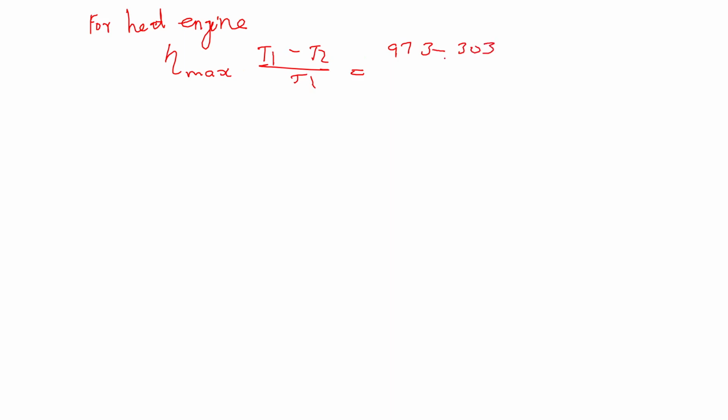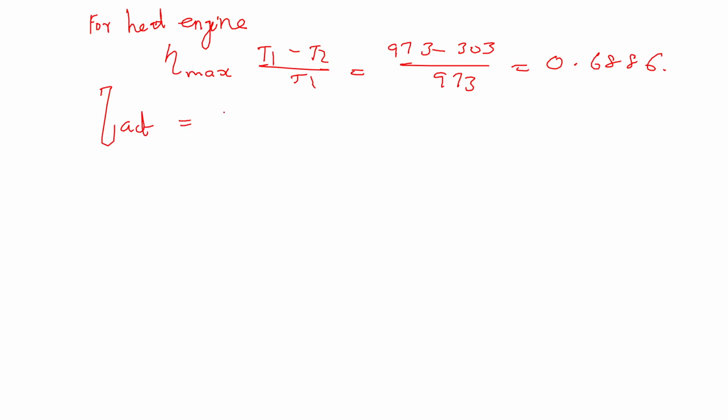So first, for a heat engine, eta maximum is T1 minus T2 divided by T1, which we can write as 973 minus 303 divided by 973. You will get the answer 0.6886.